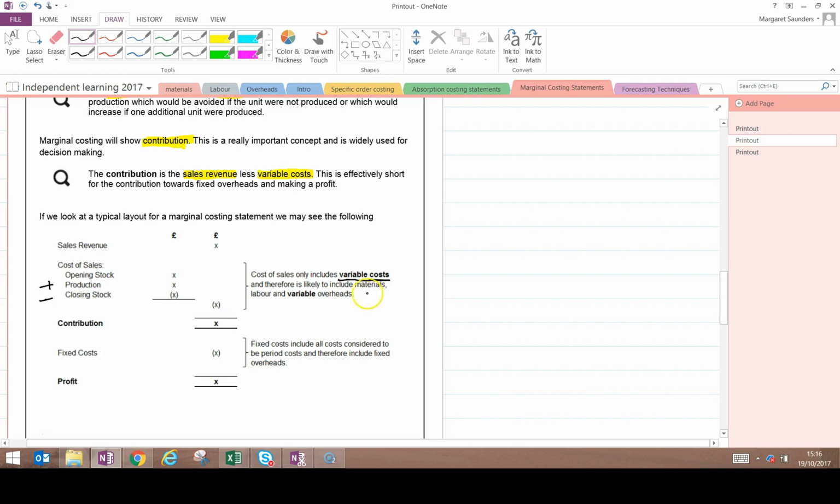So that's normally the direct material, direct labour, and any variable overheads. Now, sales minus the cost of sales gives us contribution. We then deduct all of the fixed costs, and that gives us profit. So as stated earlier, there is no overhead absorption rates used. There is no need for an adjustment for under or over absorption.